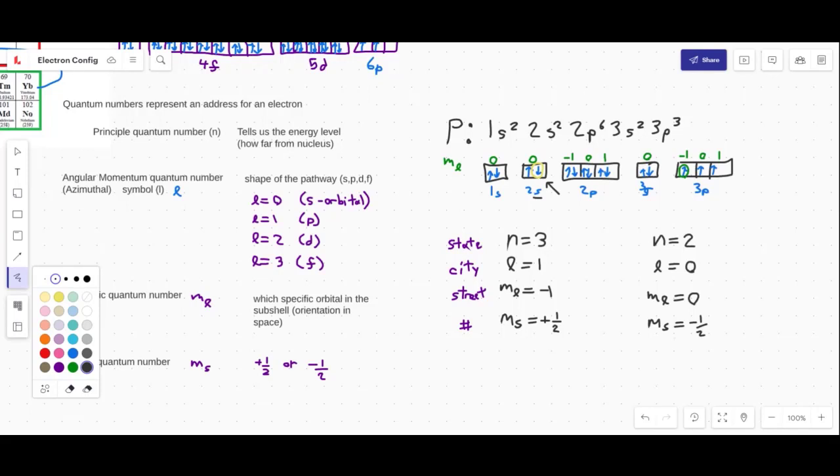Now, oftentimes what they'll ask you for is a set of 4 quantum numbers for the highest energy electron in some particular atom. Well, the highest energy electron in phosphorus would be any one of these 3, either this one, or this one, or this one, because they're all equal energy if they're in the 3p subshell.